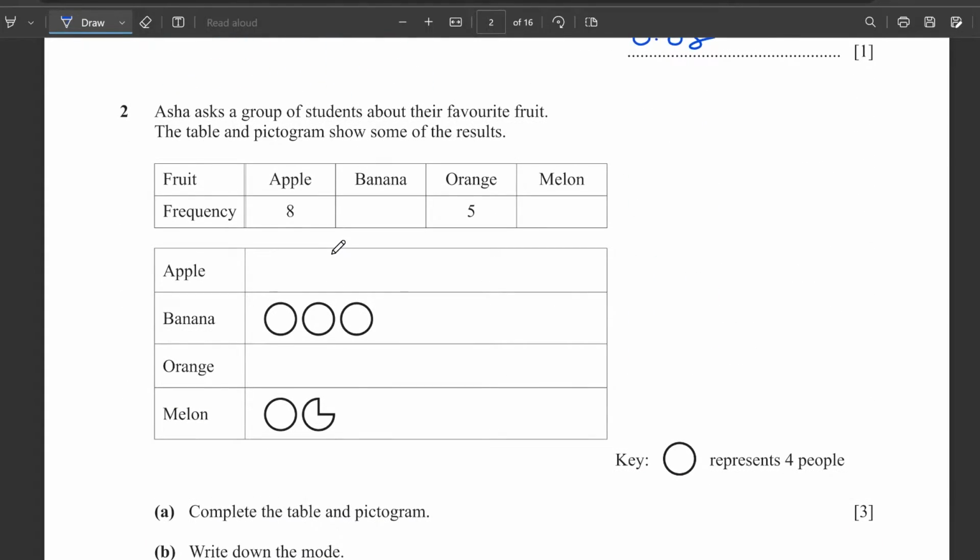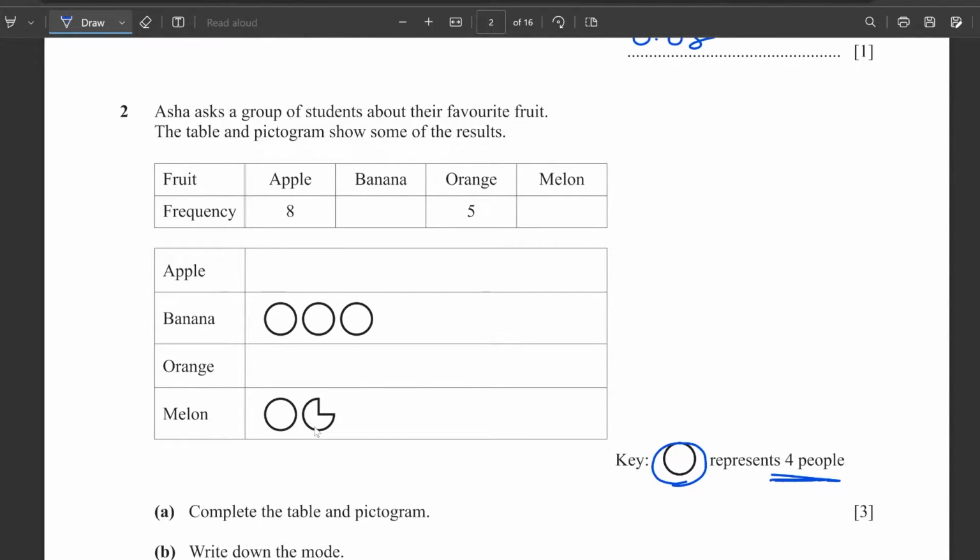Let's now see question number 2. Here you can see Asha asked a group of students about their favorite fruit. The table and the pictogram show some of the results. Complete the table and the pictogram. As you can see in the key, one complete circle represents 4 people. So this is 4, 8, and then 12, and so on.